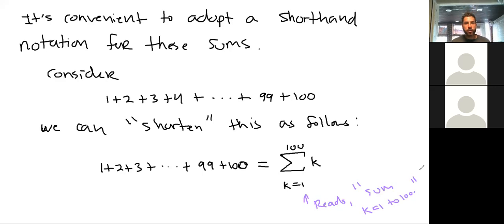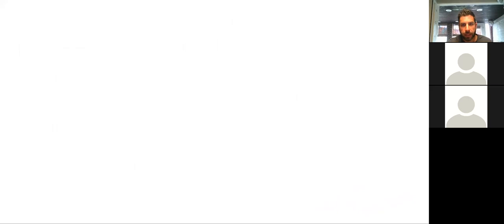What that means is you start with k equals 1, then you set k equals 2, then 3, then 4, and set k equal all the way up to 100, and then you add them together. Before we talk more about this, let's spit out a couple more examples.